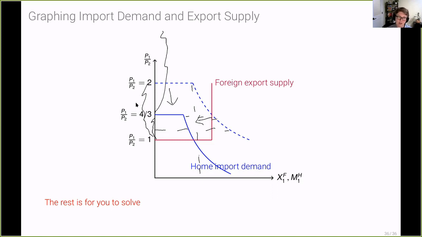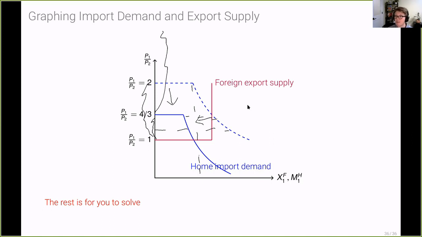I've left the rest for you to solve, but I wanted to walk you through how I think about these problems in terms of shifting export supply and import demand. Hopefully you can see that when home becomes less productive in the good it specializes in, it has a similar, if not identical, effect to foreign doubling its population, although not identical because it also shifts the autarky price.